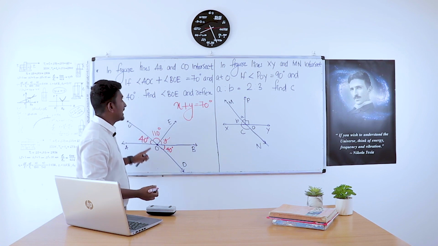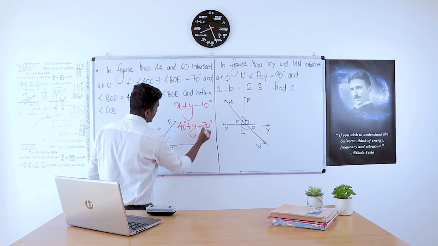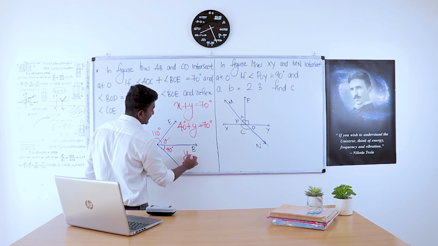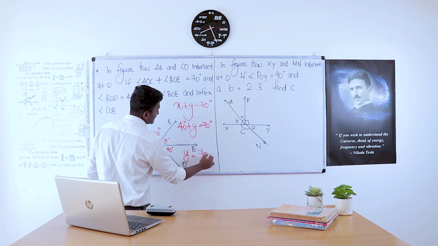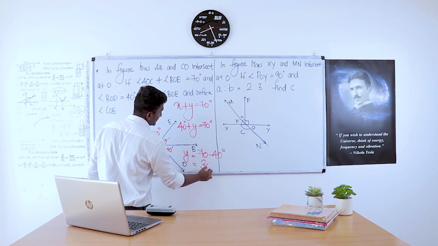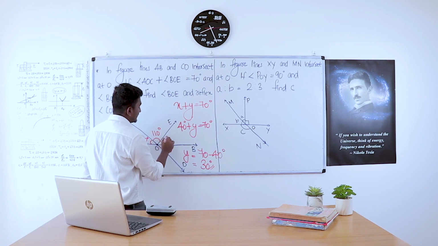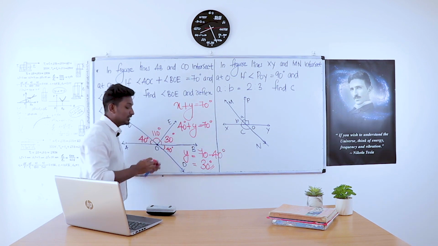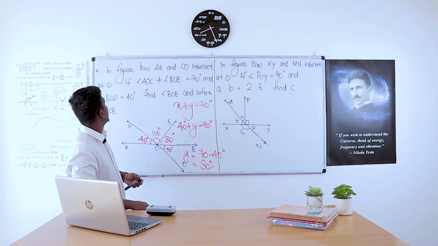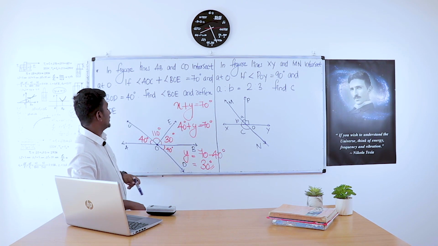Now we have the value of X as 40 degrees, so 40 plus Y is equal to 70 degrees. Therefore, Y is equal to 70 minus 40, which is 30 degrees. Now we got the value of Y as 30 degrees. This is the answer for angle BOE. Angle BOE is equal to 30 degrees.